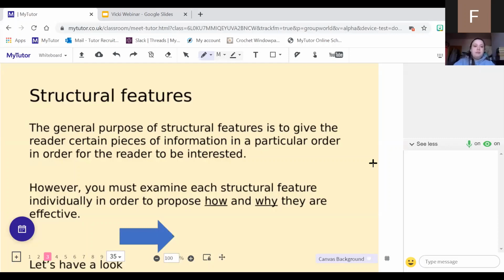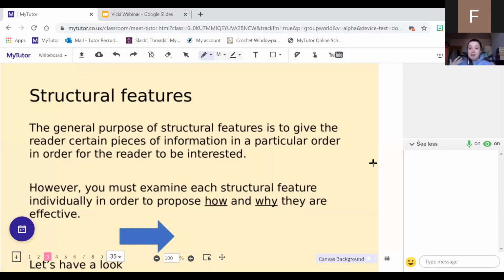So structural features then, so the general purpose of them is to put things in a particular order for the reader, and that's done deliberately to interest the reader in some way. Now, that's a very generic thing. So if it actually comes to the exam and you write something along the lines of this makes the reader want to read on, or this makes the reader interested in the story, you won't be awarded any marks for that, simply because it's far too general.